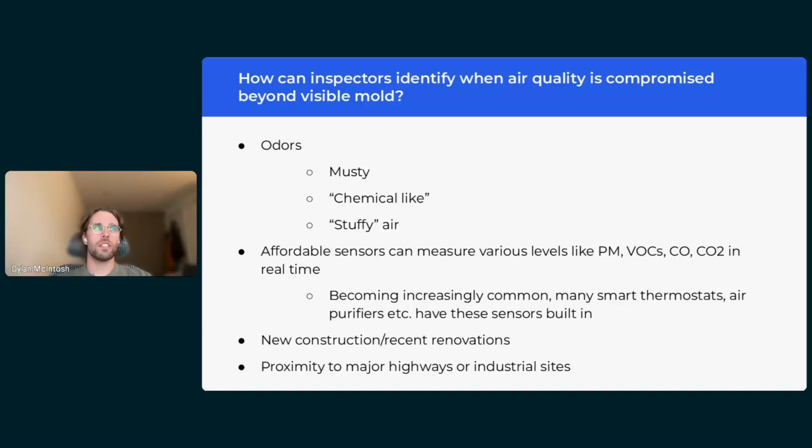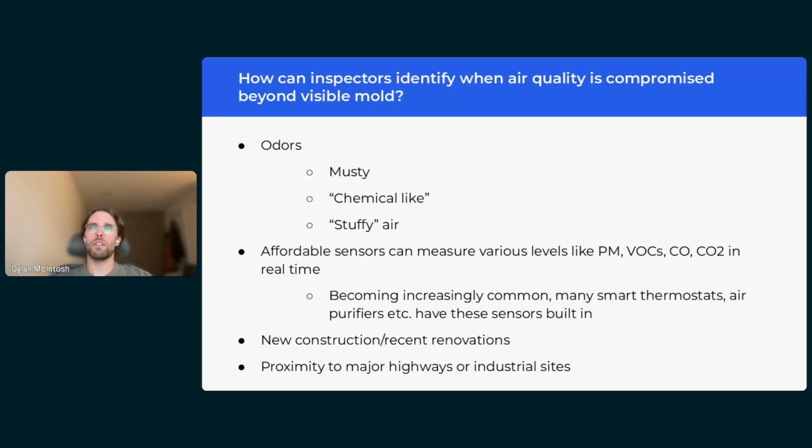Could be a combination of low indoor humidity. It could be a high level of particulate matter, or potentially high or moderate levels of CO2 or carbon monoxide. Again, this may not be something you're looking to add to your services, but there are sensors out there that consumers can buy, or professional or prosumer level sensors that a home inspector may be interested in to add these sorts of services.